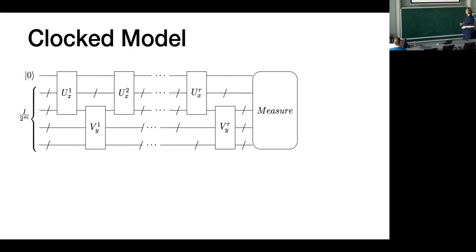If you do this, then you can assume that you use a particular unitary in round 1, another unitary in round 2, another unitary in round R. So not only are these unitaries indexed by the input, but they're also indexed by which round Alice or Bob are in. And so it is as if there is an additional clock that is visible to the players.